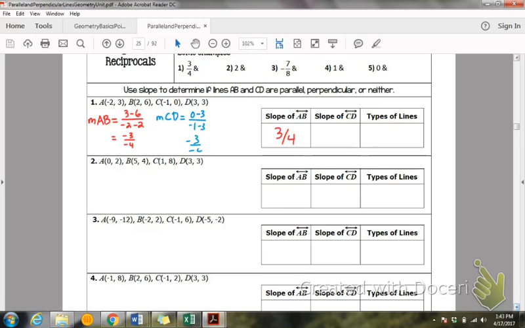Negative 3 over negative 4. What's negative over a negative? So these slopes are what? They're the same, so the two lines are parallel. So this is what I want you to do. We're talking about line AB, and we're talking about line CD, and I know that they are parallel. So you're going to tell me that line AB is parallel to line CD. That's what that means.